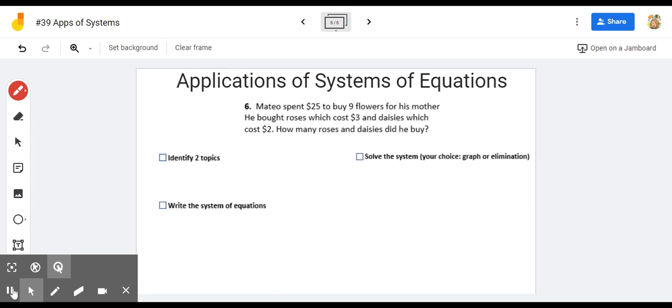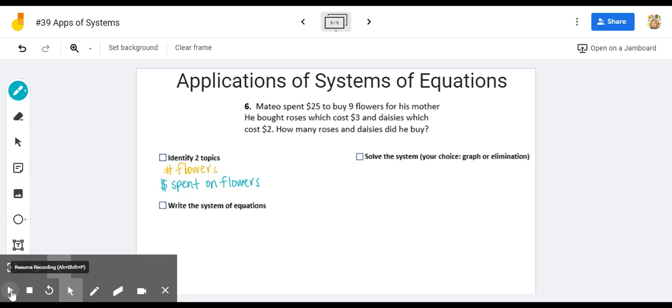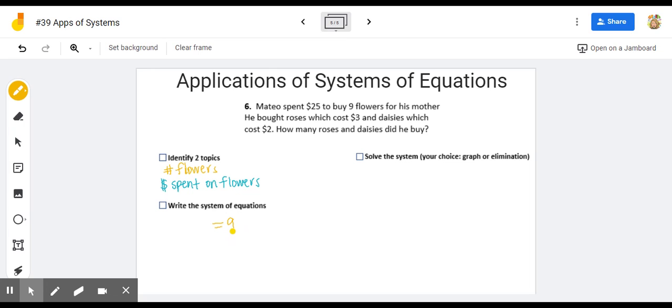All right, last example. We're going to look at Mateo. He's spending some money to purchase flowers for his mom. And we're going to talk about what type of flowers and how much did he spend. So our 2 topics are just that, the number of flowers that Mateo purchased and the money he spent on each of those flowers. So we know that Mateo bought 9 flowers, and out of those flowers, he could either purchase daisies or roses, and together they made 9 flowers altogether.